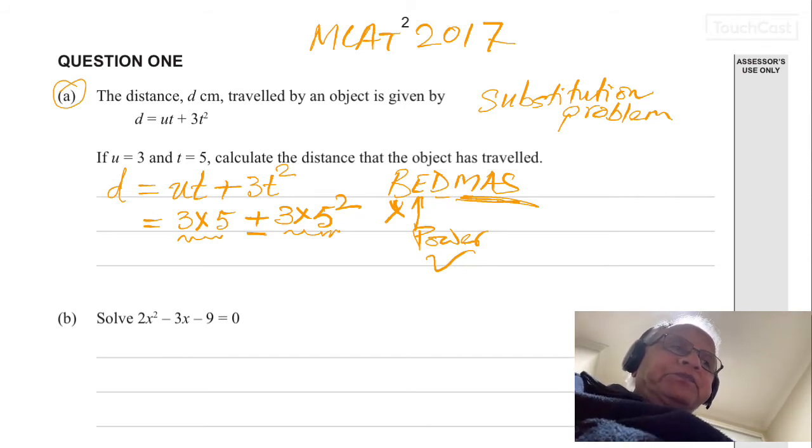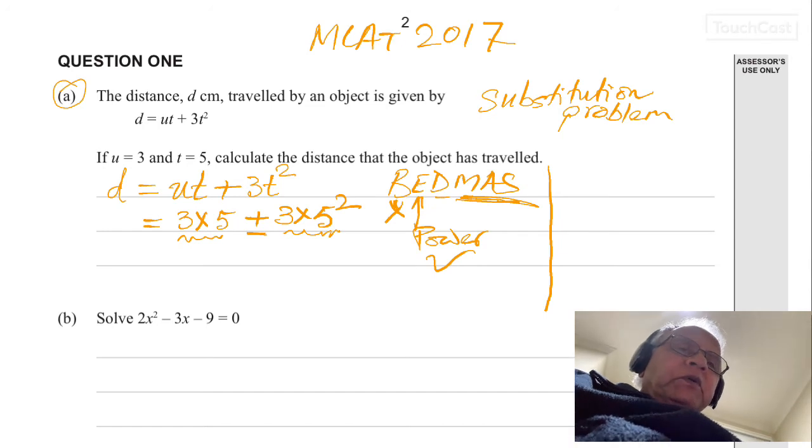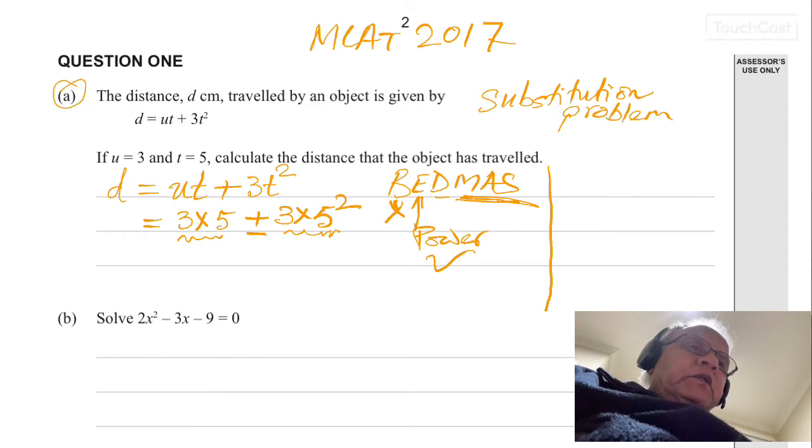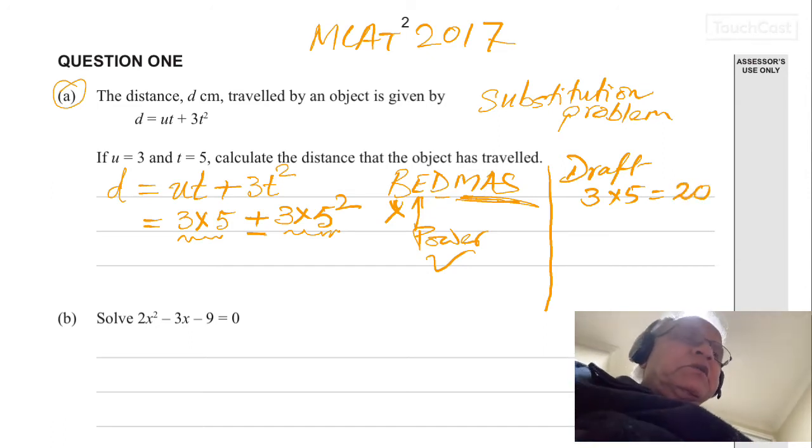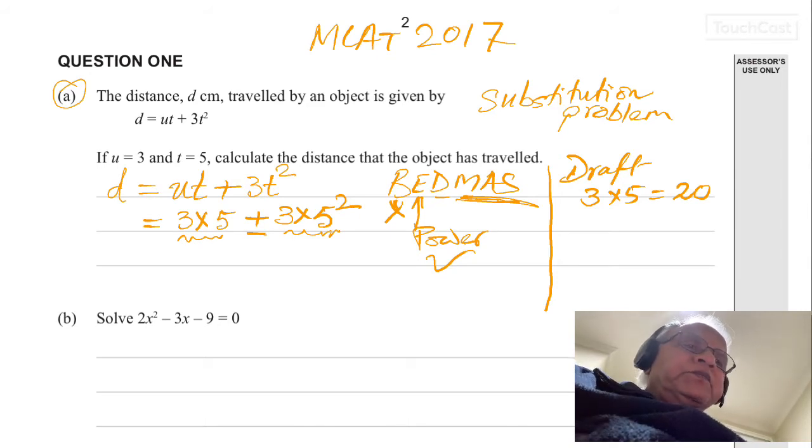Now one thing you can do, well, I have been discussing this in the classroom. Always divide your problem into sections, like do some draft working. 3 times 5, remember you don't have a calculator, so you've got to be quite clear about those calculations.